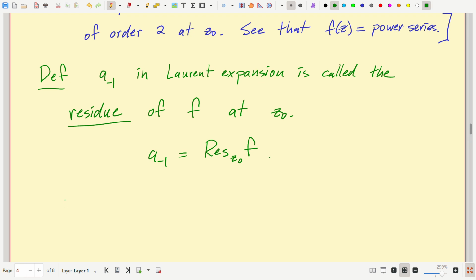And we know that there's a formula for this residue. What is the formula? It's a minus 1 equals 1 over 2 pi i times the integral over a little circle of f of z dz, because the power of z minus z naught that I was tempted to write in the denominator there is 0.